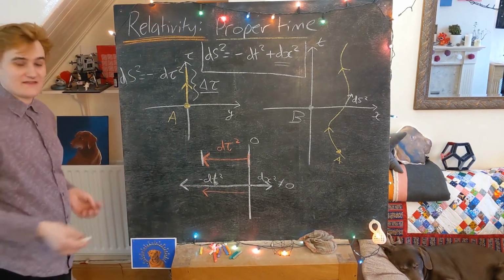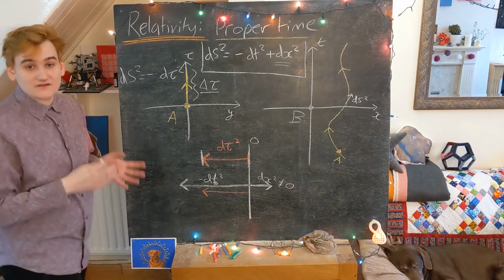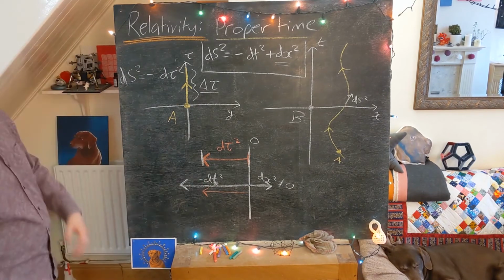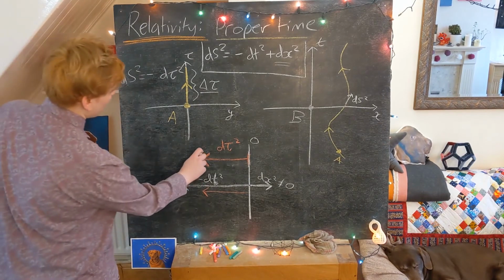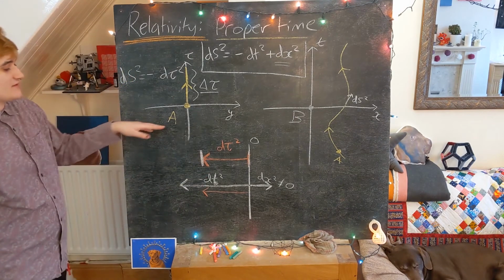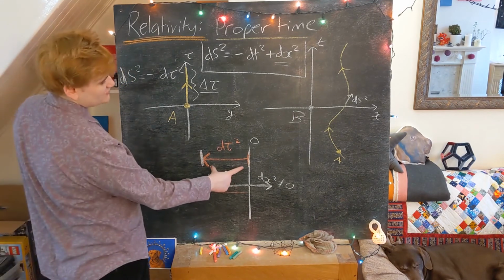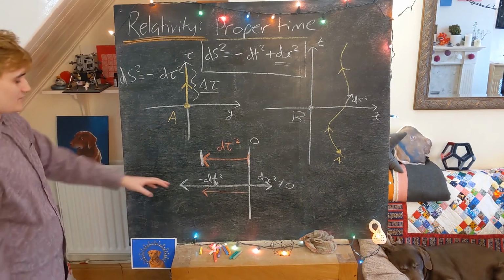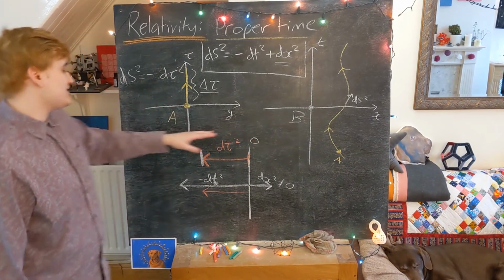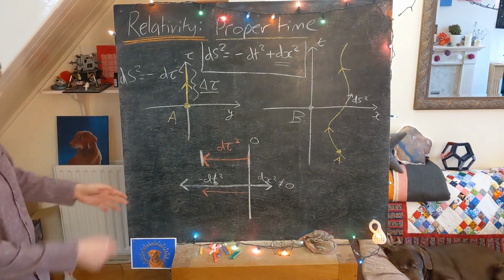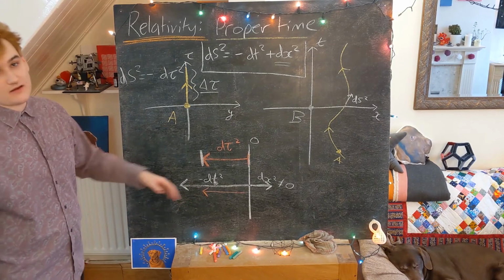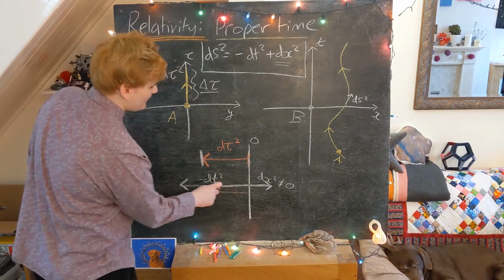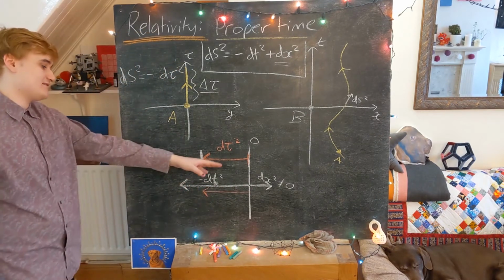And so you'll usually hear this stated as moving clocks run slow, and we can clearly see from this picture that the stationary particle A is always going to measure the shortest possible time, and any other person that sees this A particle moving is going to think that their clock has elapsed more time than it actually has.